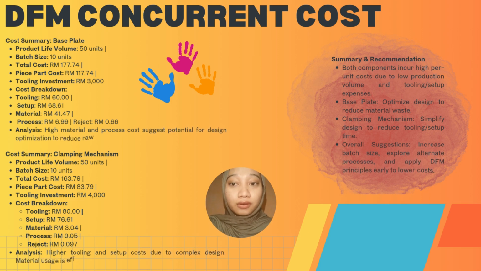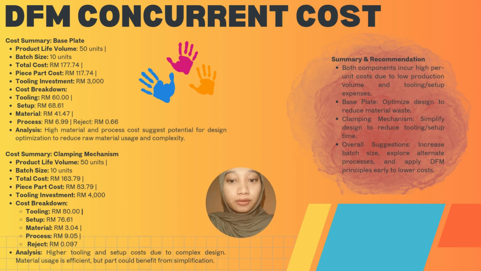The cost summary analysis displays material and process costs, such as potential for design optimization to reduce raw material usage and complexity. For the summary of the clamping mechanism, it shows higher tooling and setup costs due to complex design. The material usage is efficient, but the part could benefit from simplification.